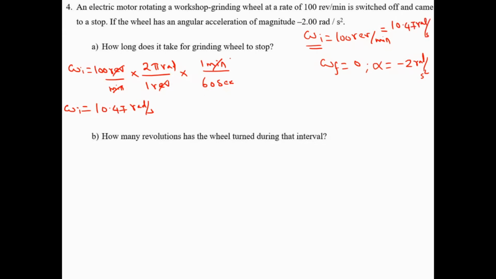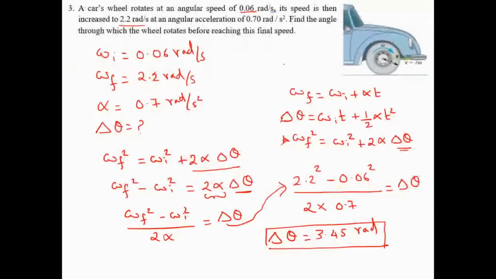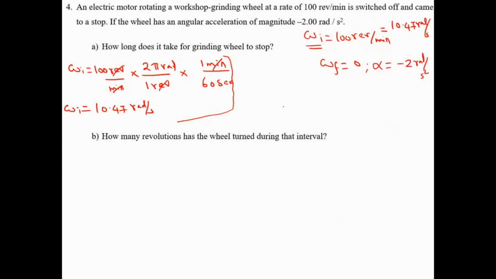Now we have to find the value of time. So for that, again, we have to use these three equations. I think the first equation is exactly suitable. So I'm going to use that equation, which is given by omega final equal to omega initial plus alpha t.